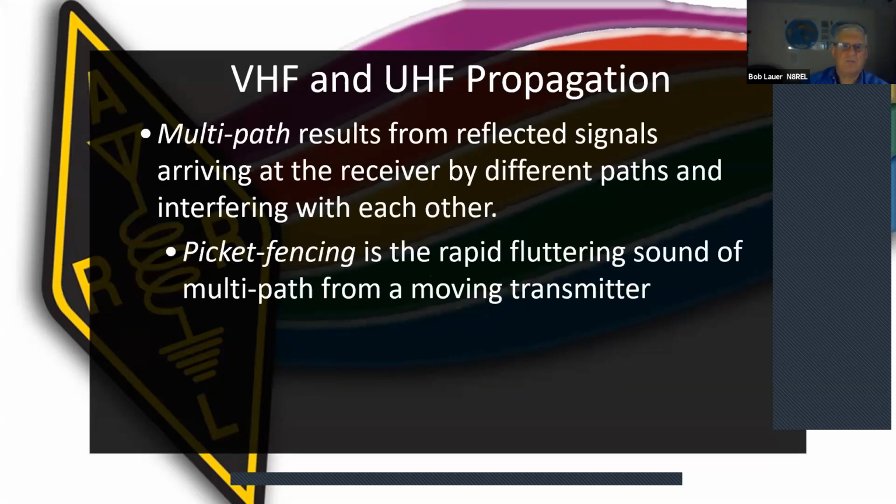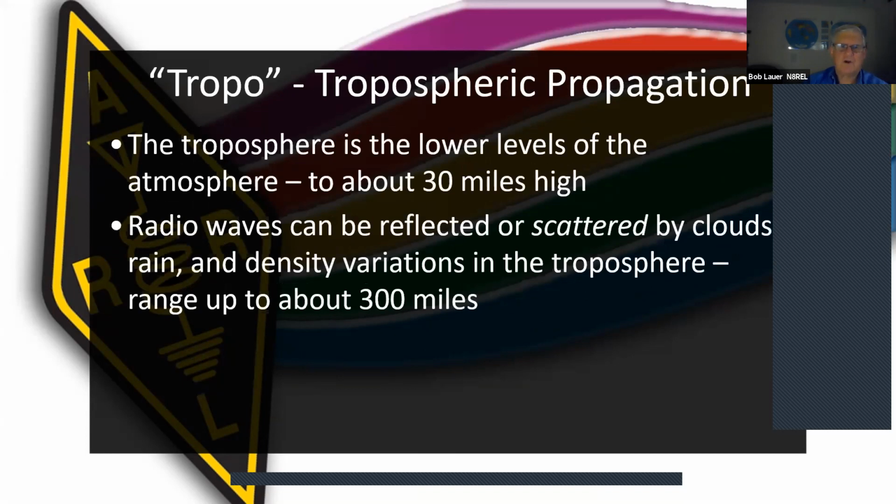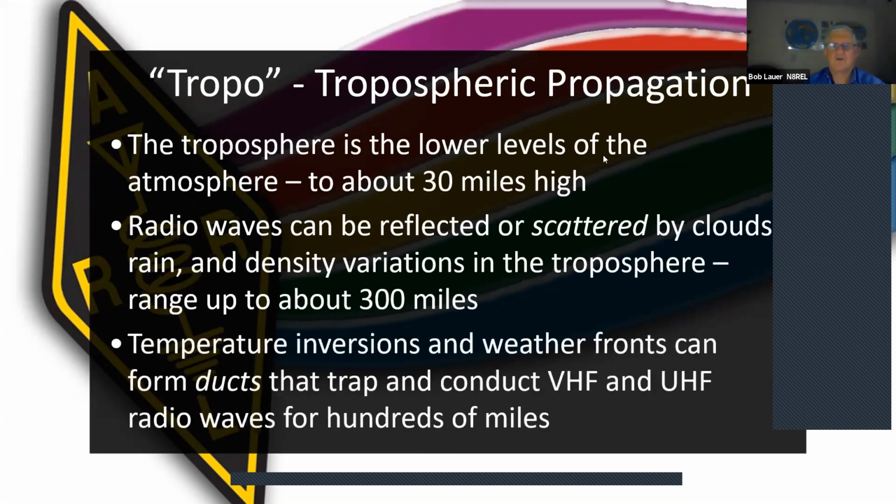Multipath. We talked about multipath and picket fencing. Tropospheric, yes. The troposphere begins about 30 miles high. Radio waves can be scattered by clouds, and densities. Troposphere range up to 300 miles, depending on who you ask.